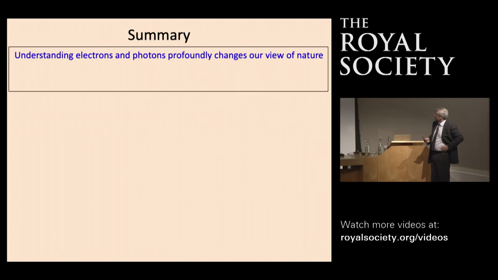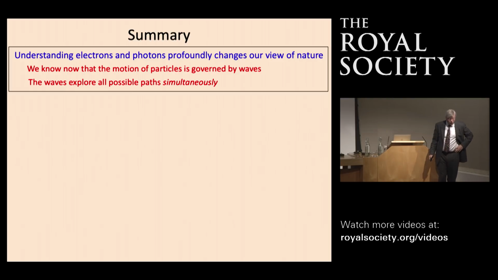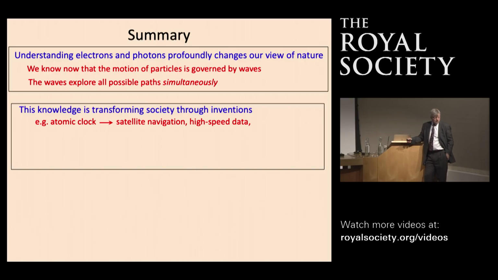So in summary, understanding electrons and photons has profoundly changed the way we look at nature. We now know that the motion of particles is governed by waves, and that the waves explore all possible paths simultaneously. This knowledge is transforming society through inventions. We've talked about some, like the atomic clock for satellite navigation and high-speed data. Other examples, inertial sensing, quantum messaging.